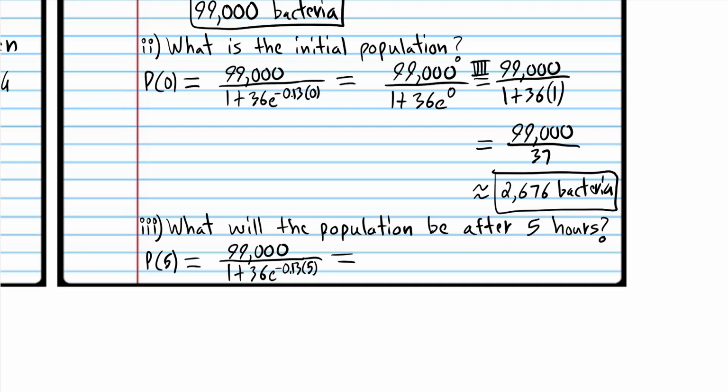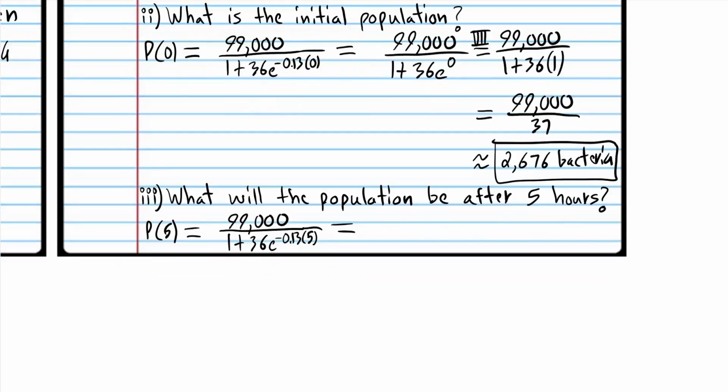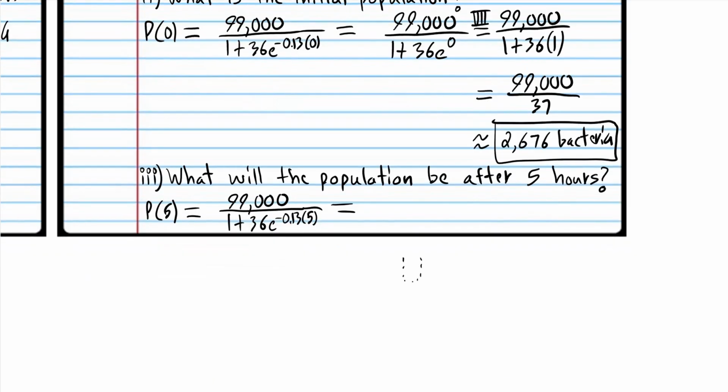So I'm going to push the alpha button, then the y equals button. The alpha button is the green button. The y equals button is at the upper left. I'm going to press enter, and I should have a fraction template that looks like this. Then I'm going to enter 99,000, then the down arrow key, 1 plus 36.